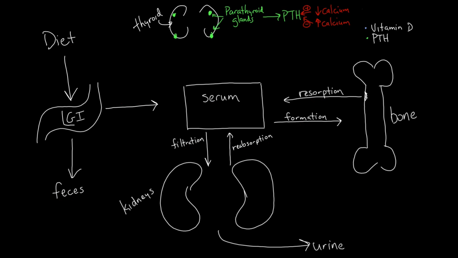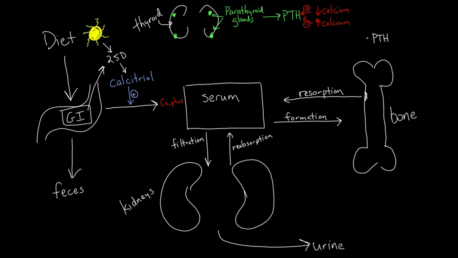I only depict the stomach here, but calcium and phosphorus are absorbed throughout the gastrointestinal tract into the blood, under the stimulation of activated vitamin D known as calcitriol, which, remember from the reading and from the other video, exists in its activated form after acquiring vitamin D from the diet or from the sun, and then activated by 25-hydroxylase in the liver, and finally activated by 1-alpha-hydroxylase, which is mainly in the kidney, and is stimulated in the presence of PTH.